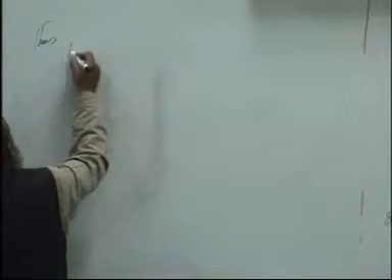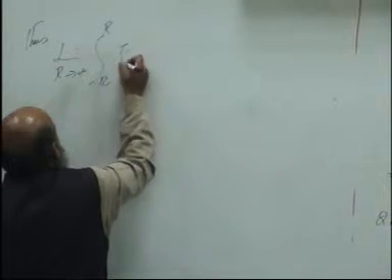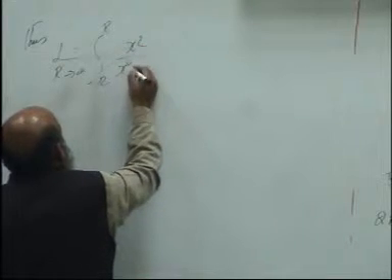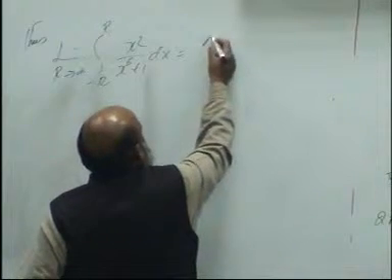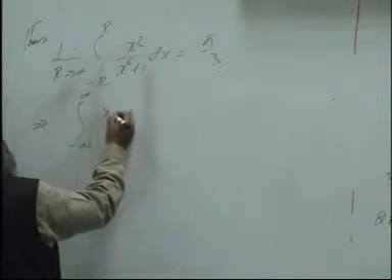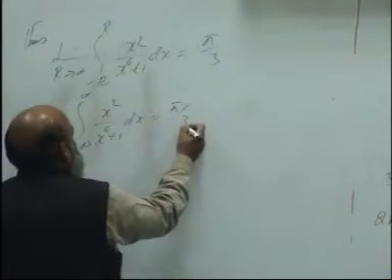Thus, limit r tends to infinity, integral from minus r to r of f, that is x square over x6 plus 1 dx, it is 2 pi, putting that pi by 3, it is pi by 3. Or this minus infinity to infinity, x square by x6 plus 1 dx is pi by 3.